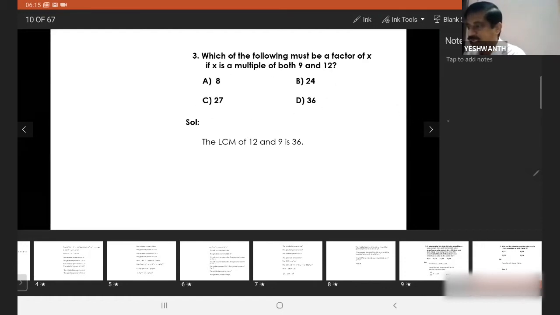You have only option D. So the answer is option D. 36, 72, 108 and so on, whatever numbers are multiples, they all are multiples of both 9 and 12.